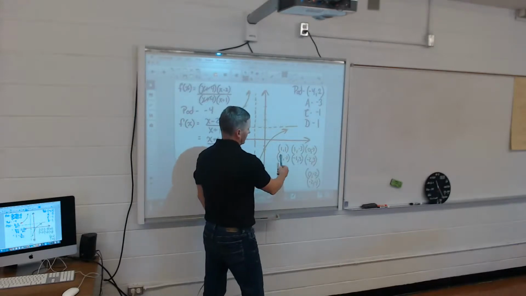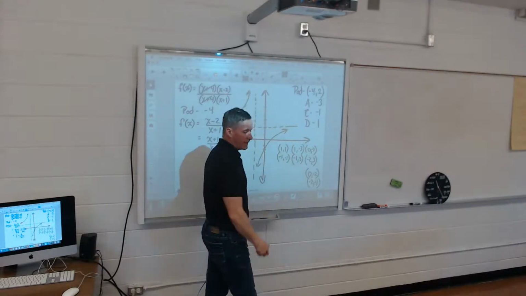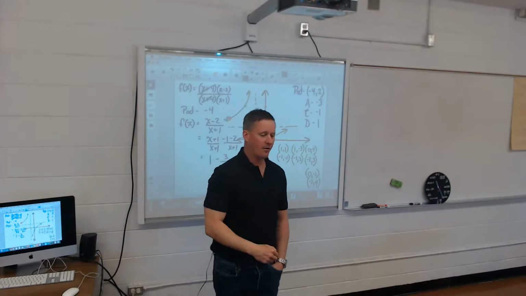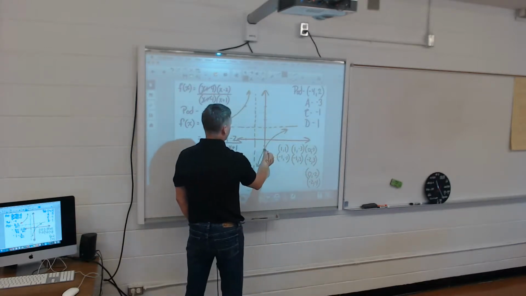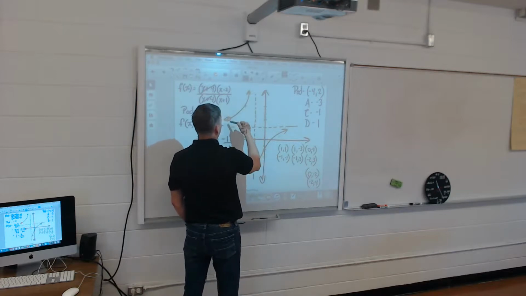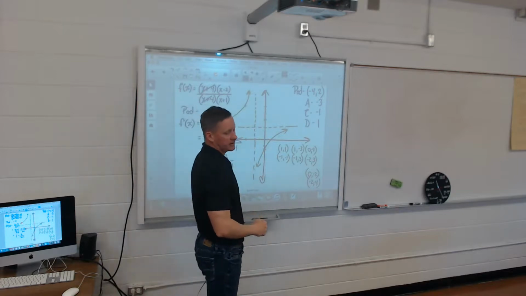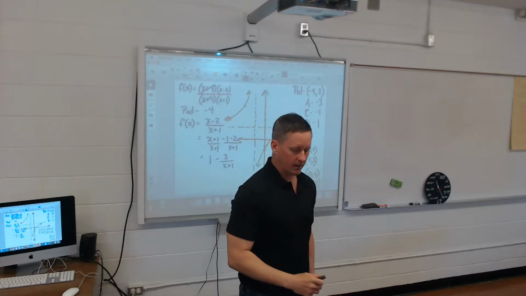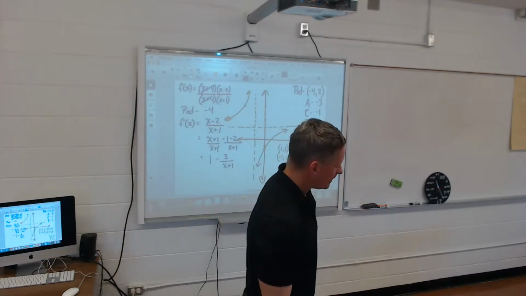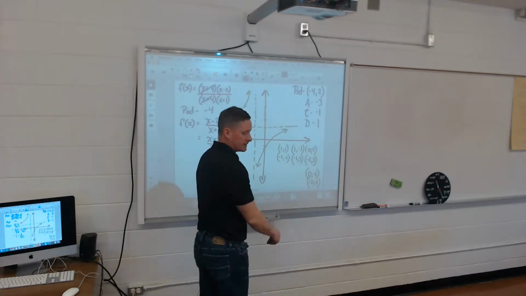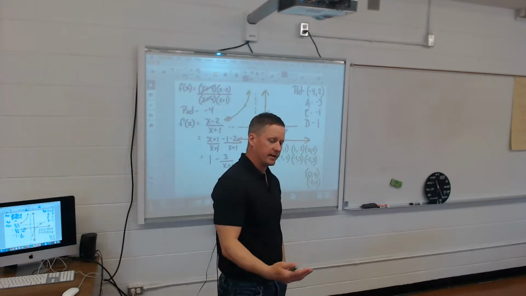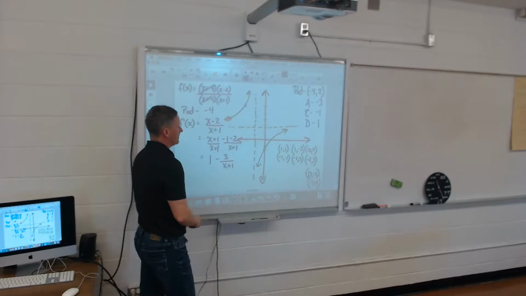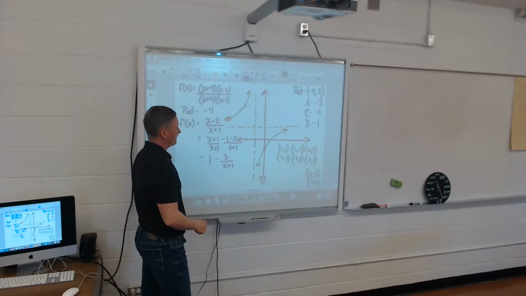I follow my 1 and 1 and -1 and -1 through their transformations, because those are the 3 key points. So I've got point 1, point 2, point 3, and then point 4 is your point of discontinuity. All right? So that basically does all of your transformations as you're working through there.